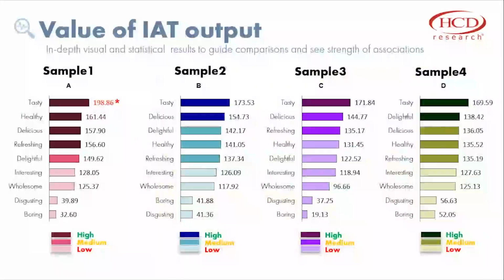So what does the data look like, Kathryn? Right. So typically we use a score that's created by transforming the time reactions. And that's how we create this score. If you look at the graph, the higher number has the higher association. So you can see here, tasty in sample 1 has the highest association.